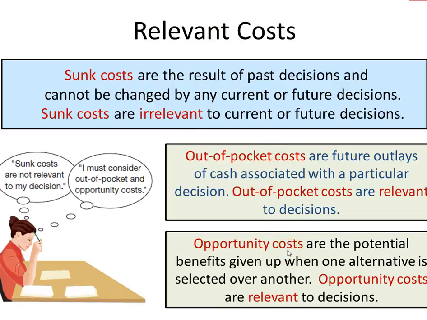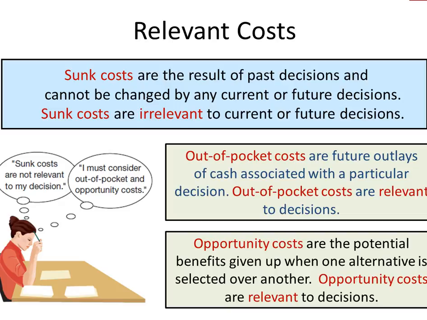So let me talk about opportunity costs. Opportunity cost is the potential benefit you're giving up when you choose one alternative over another. Case in point: you have made a decision to listen to this lecture and do some homework and study accounting. There's an opportunity cost. You could be outside enjoying the weather, spending time with your children, or going to a movie.